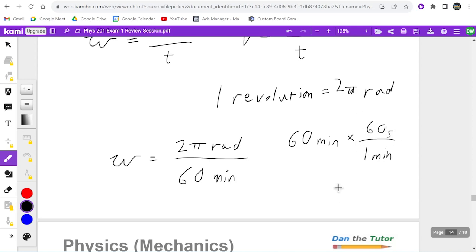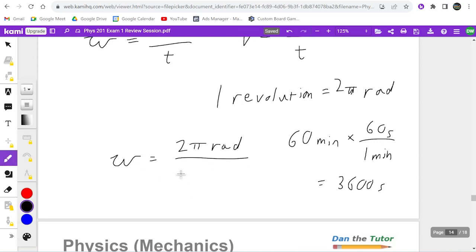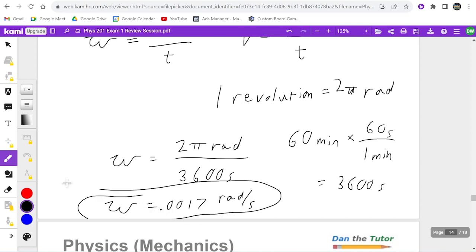So I'm just multiplying by 60. And that'll be 3,600 seconds. So I'll put that instead for my denominator. 3,600 seconds. So then omega equals 0.0017, and that's radians per second. And that's the answer for that problem.